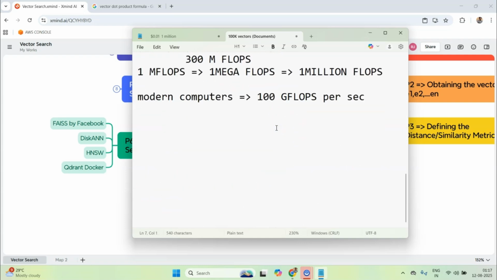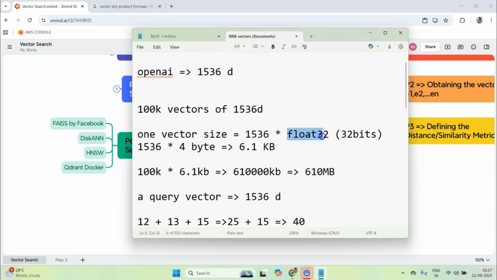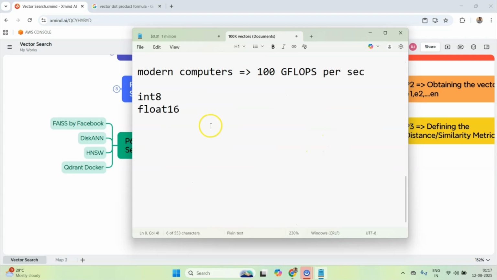So there are different types of quantization methods, like int8 based quantization and float16 quantization. Int8 will convert from 32 bits to 8 bit, and float16 will just halve it, converting 32 bits to 16 bit.